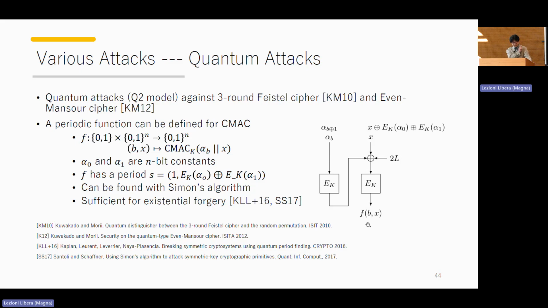And we can see that this is a periodic function with this period. Because if you flip b, and if you inject this difference into x, then we see that this gives us the same output. And this can be found with Simon's algorithm, and this value is sufficient for existential forgery.